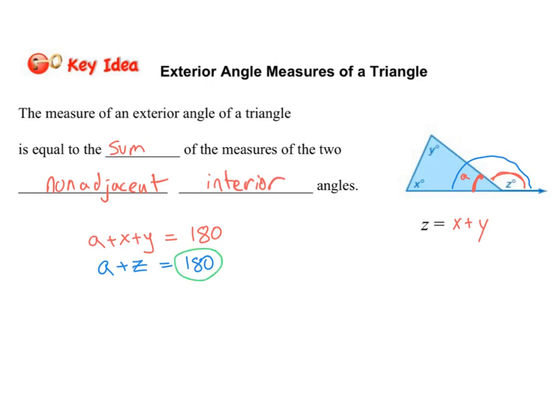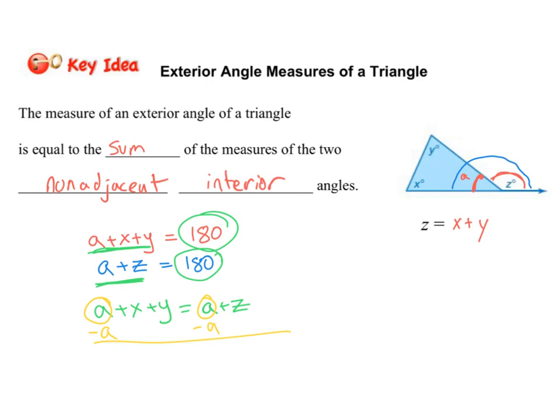We're going to do something a little weird here. Do you notice that both of these equations equal 180? That means that these three things together and those two things together are the same. That means that A plus x plus y has to equal A plus z. And when you keep thinking about it, wait a minute, they both have an A. If we subtract A from both sides, we get x plus y equals z, or what we were just talking about.